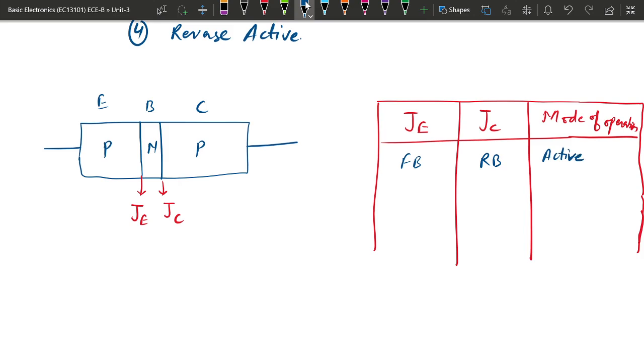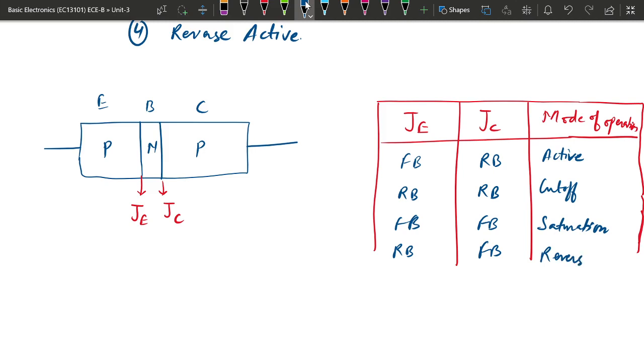If emitter junction is reverse bias and collector junction is also reverse bias, then the BJT will be working in cutoff mode. If both are forward bias, then it will be working in saturation region. If the emitter junction is reverse bias and collector junction is forward bias, that means it is opposite to the active one, that's why it is called reverse active mode.